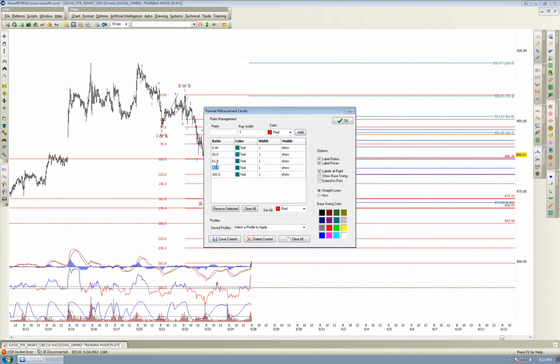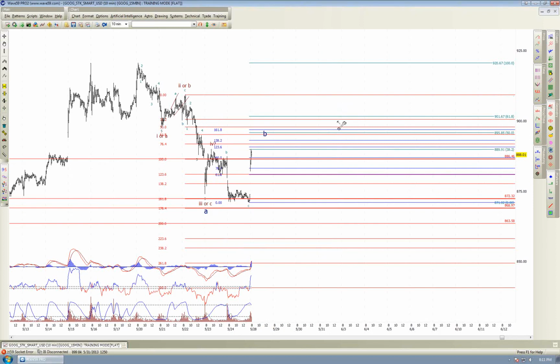Put the 382 on there as well. So you can see the price just tagged the 382 at the exact same level as this previous price high right here.